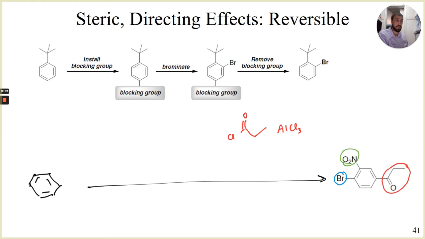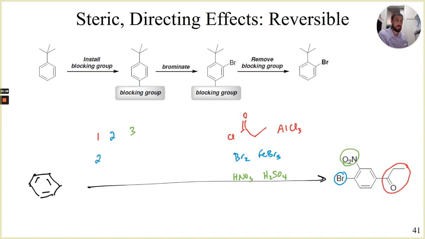The blue one would be Br2 and FeBr3 we just showed. And then the green one would be nitric acid and H2SO4. And for those of you saying, well, if I knew those, wouldn't I know the answer? Well, which one goes first? Should it be 1, 2, 3?